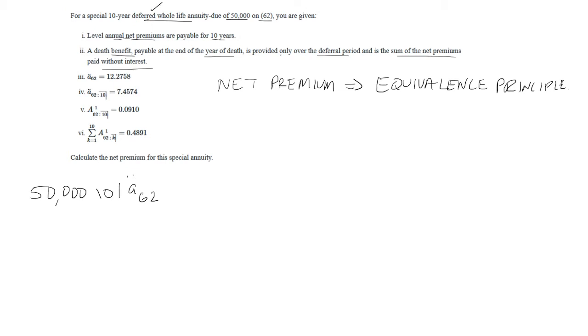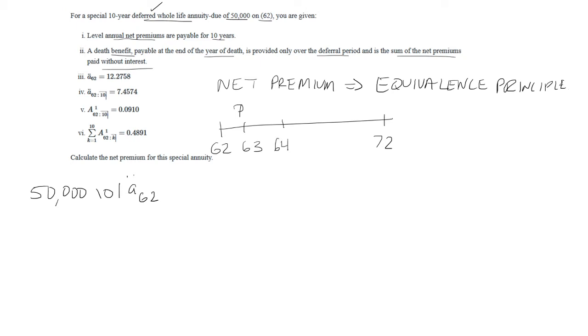Now let's go to the death benefit. So this is happening during the deferral period, starting from age 62 up to 72. So that's the deferral period. So at the end of the first year, we paid a premium P in the beginning of the year. So if we die at the end of the year, we're going to get that premium back.